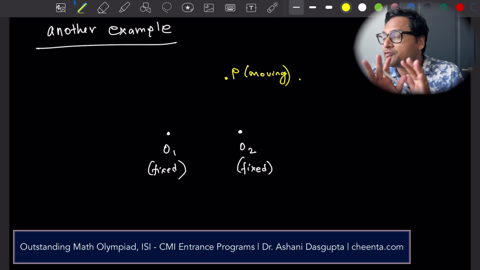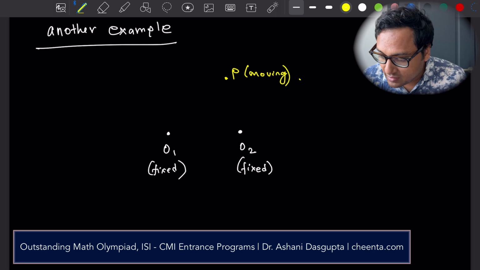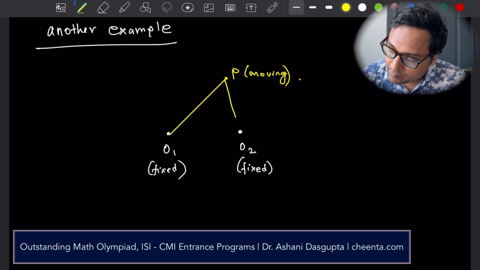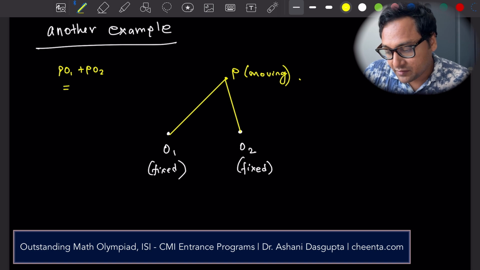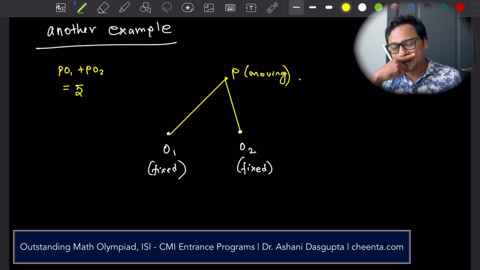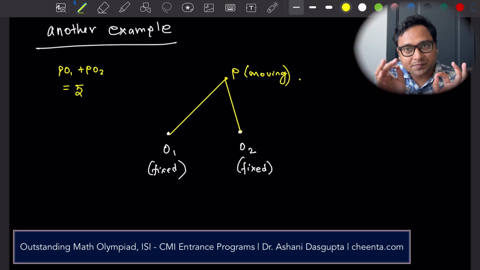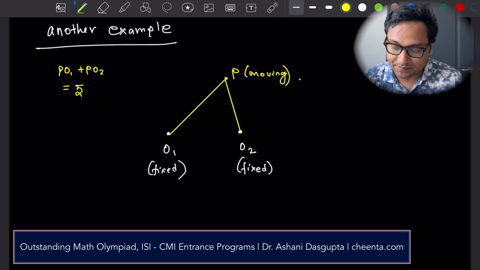It moves following some rule. What is the rule in this case? The rule is this, that PO1 plus PO2 is 5. So instead of having P to some point as a fixed number, P to the first fixed point plus P to the second fixed point is fixed in this particular case.